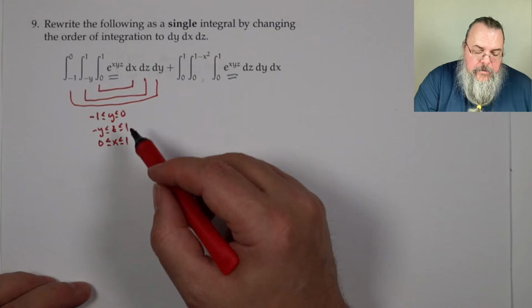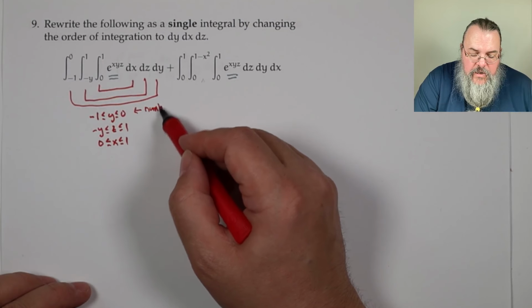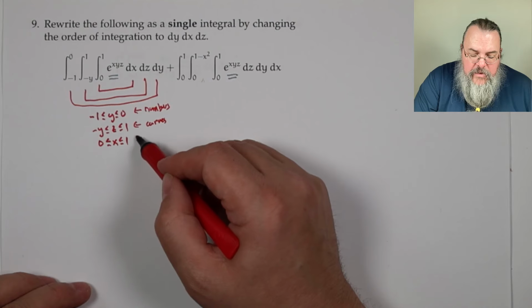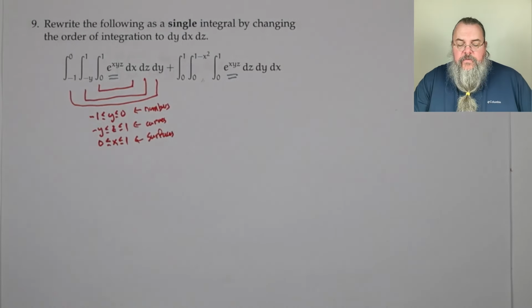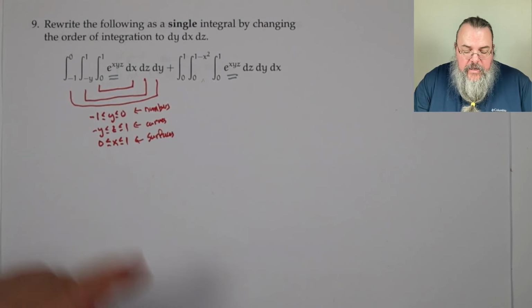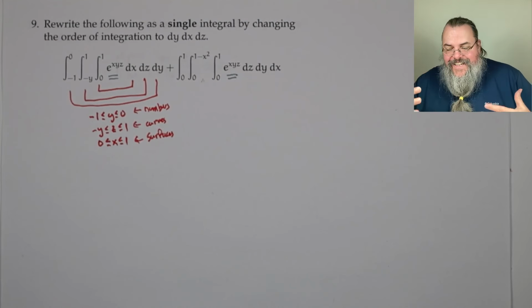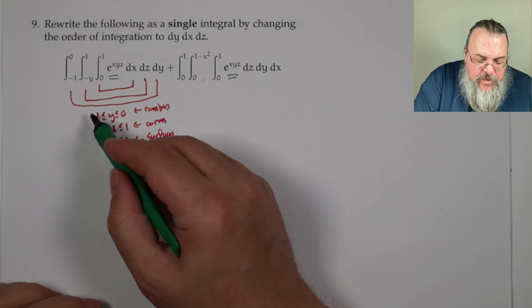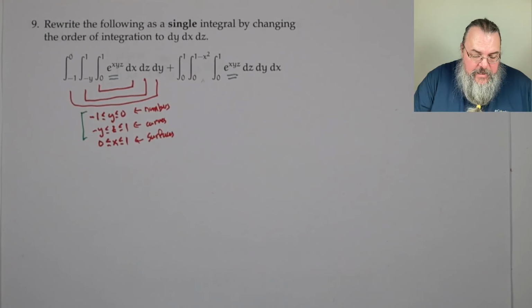Okay, so remember we have numbers, curves, and surfaces when we talk about setting up our bounds from the inside out, right? So the innermost layer is surfaces. One thing that we can do to help us get an intuition about what's going on is to say, well, if we just start with these pieces here, what do we have?